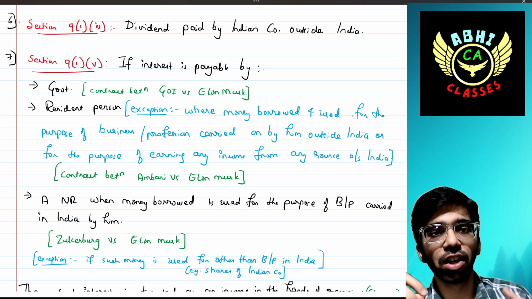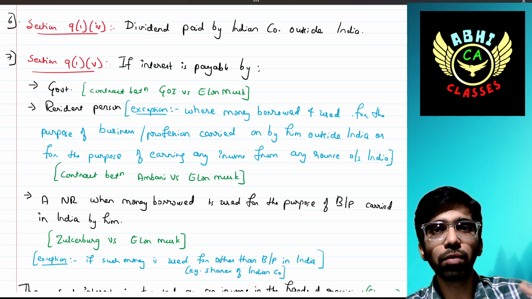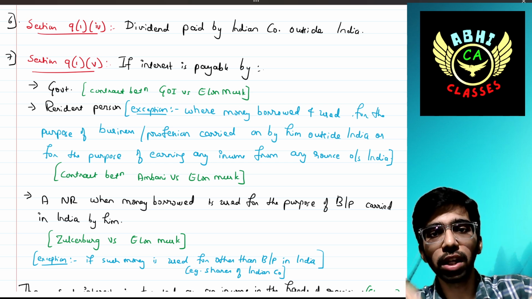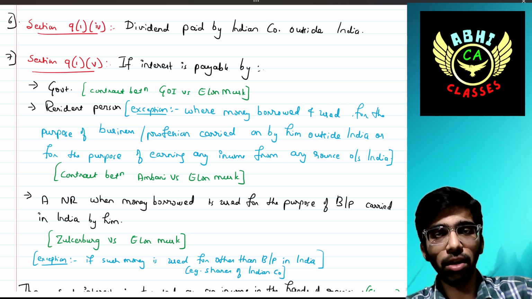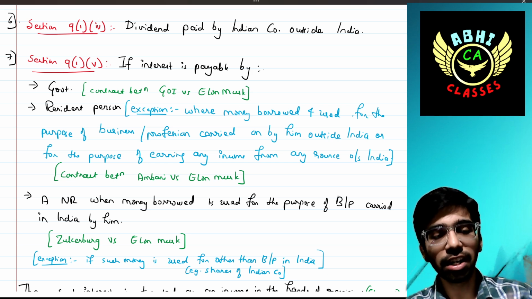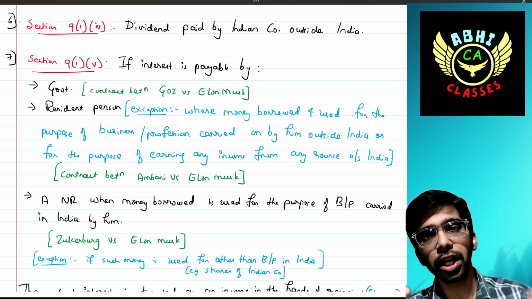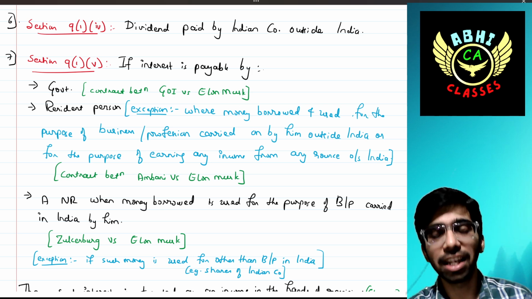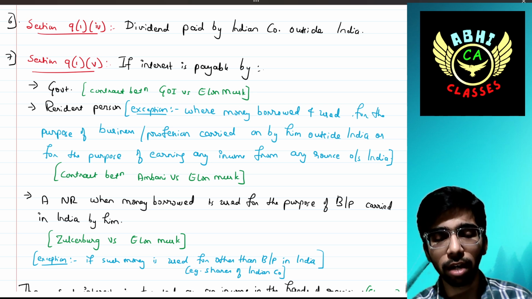Okay. Next, if the interest is payable by a resident person, let's assume the contract is between Mukesh Ambani and Elon Musk. Mukesh Ambani borrows funds from Elon Musk, then the interest payable by Ambani to Elon Musk is also taxed in the hands of Elon Musk, because it is income, right?